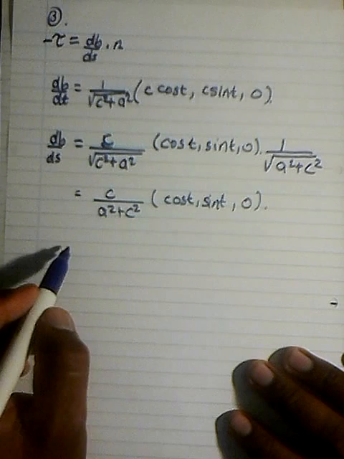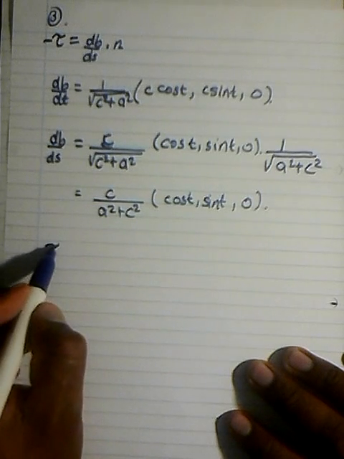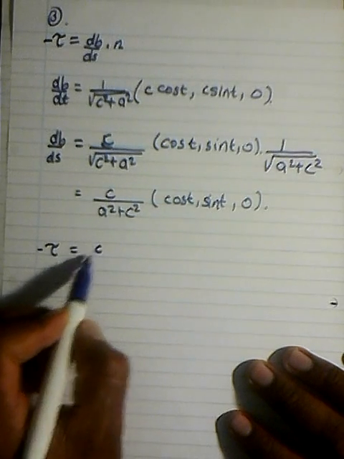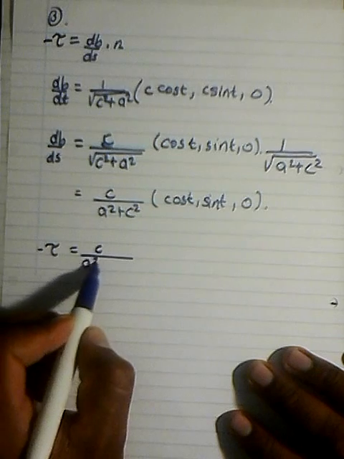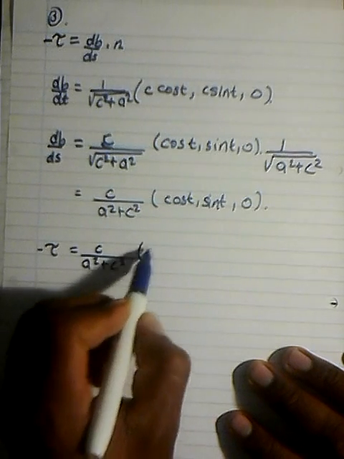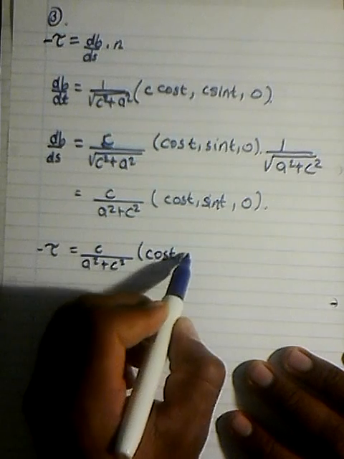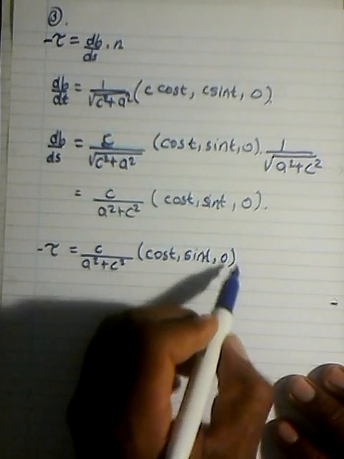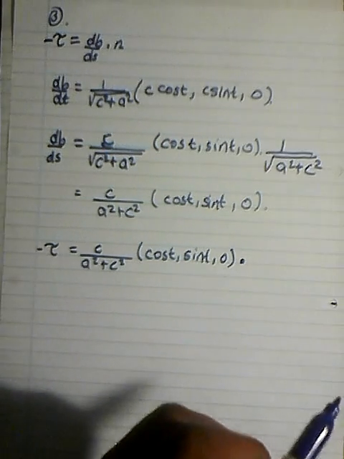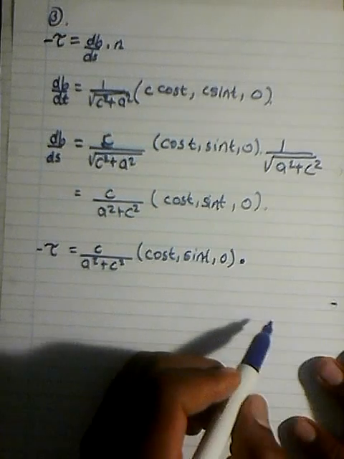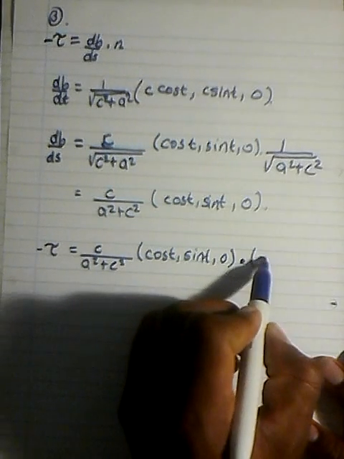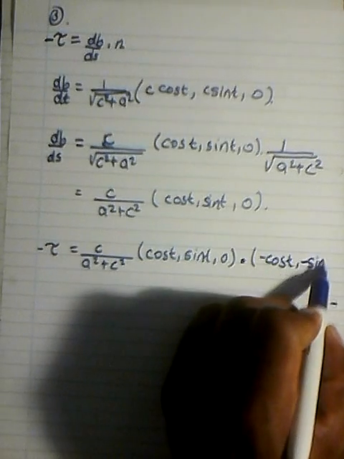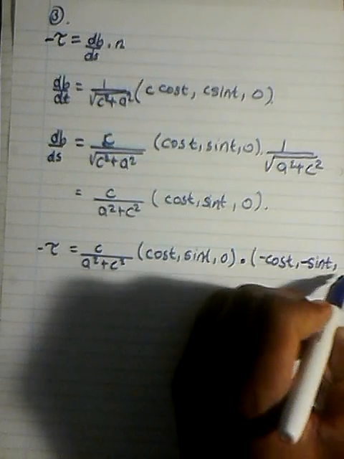The torsion, which is negative, is given by c over a squared plus c squared multiplied by cos t, sin t, 0, and we take the dot product of that with our n, which was minus cos t, minus sin t, and 0.